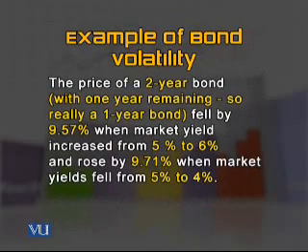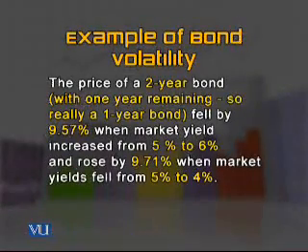Now if we were to look at an example of bond volatility. Now we're talking about an example of a bond with a 2-year maturity with 1 year remaining. क्या मतलब हुआ? एक्चुअली मतलब ये हुआ कि हम एक 2 साल के बॉन्ड की टेक्निकली बात नहीं कर रहे, क्योंकि उसमें से 1 साल का पीरियड रह गया. So in effect, what we are talking about is really a 1-year bond.